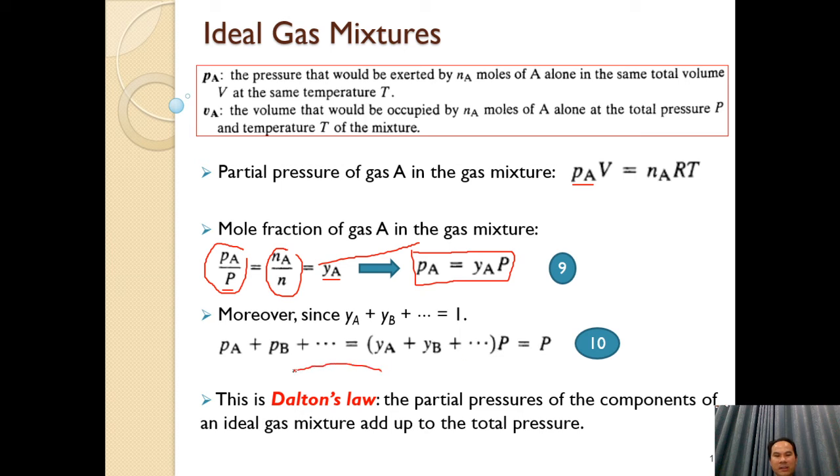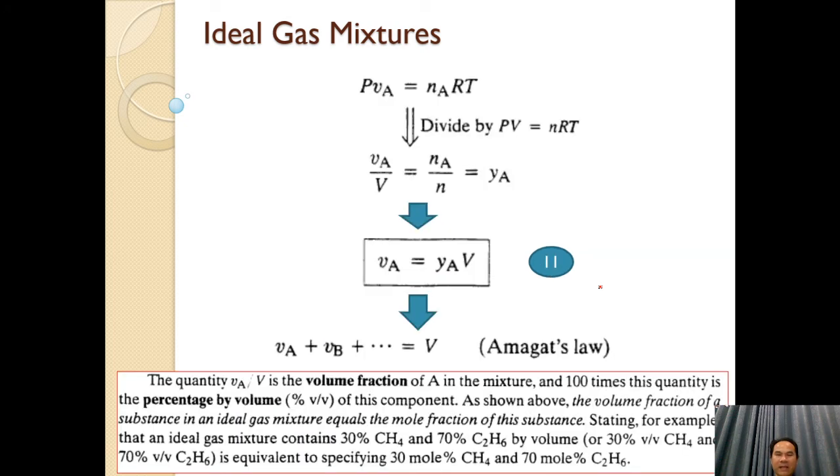We call this Dalton's law: the partial pressures of the components of an ideal gas mixture add up to the total. This is used for ideal gases.